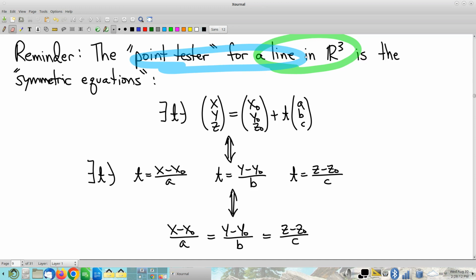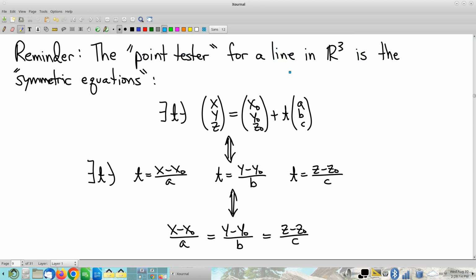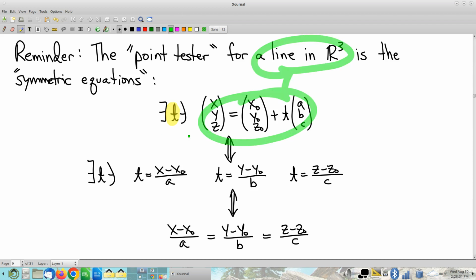So now I'm going to start off by giving you a kind of a bad answer. One way to test a point is to ask, well, does there exist some value of t for which the point generator generates that point that you're interested in testing, right? I mean, it's a silly way to say it.